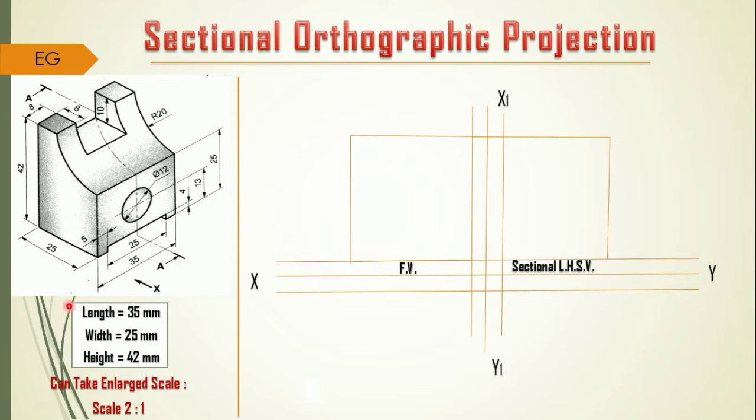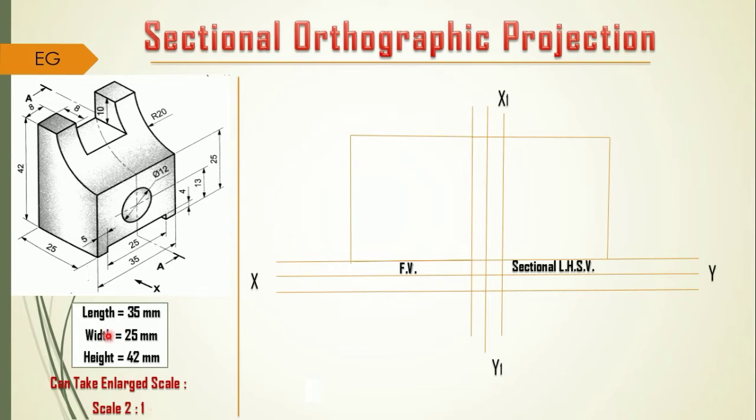With our regular practice, initially we make a note of overall length, overall width, and overall height of the object. So here you found the dimensions are quite small. This is 5, this is 8 mm, then this lower slot is of 4 mm. For such a case, either you may draw with full scale as 1:1, or you can enlarge the scale as 2:1.